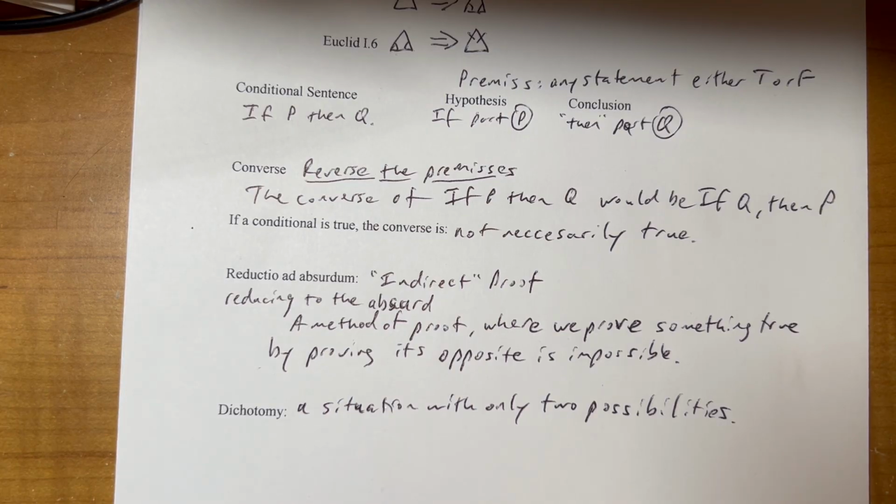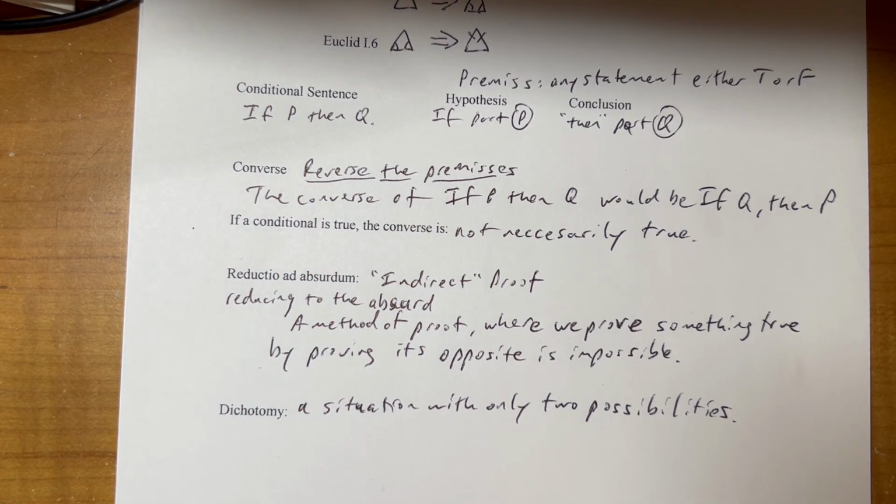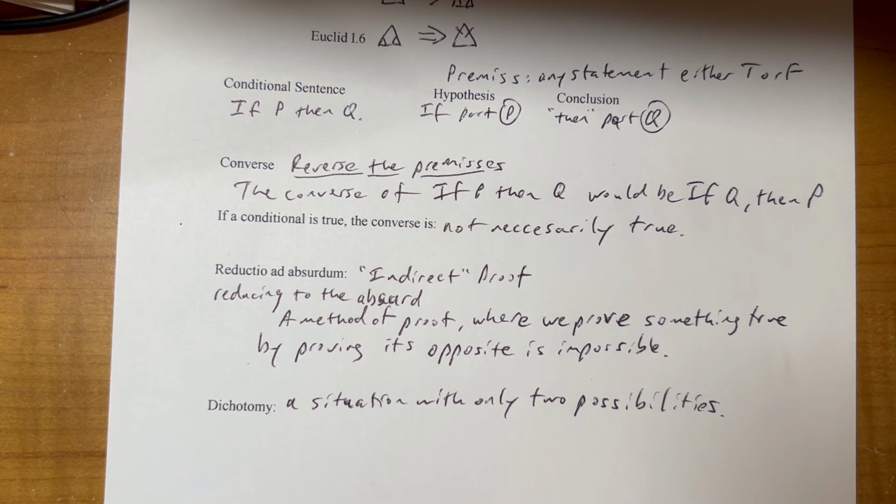For example, saying that something's either black or white is not a dichotomy at all, because if it's not black, it doesn't have to be white. It could be red or purple or green. All right. So most situations have more than two possibilities, but some situations have only two possibilities.